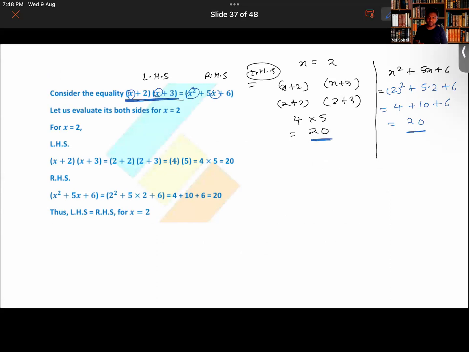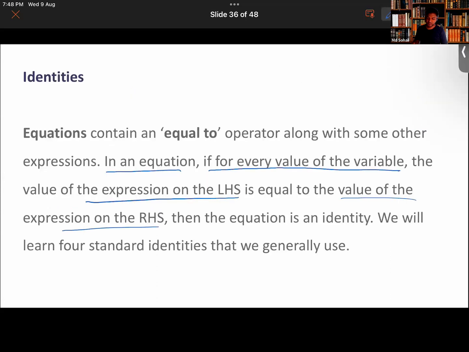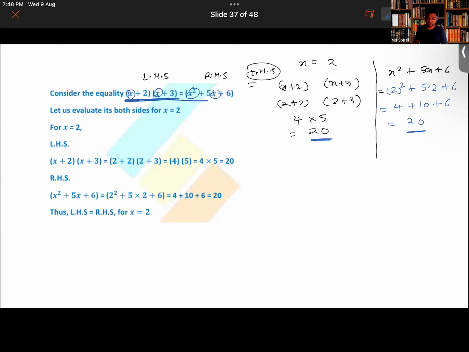Then this equation is called an identity. Getting it, guys? No matter if you were to place x in here, whether 2 or 1 or -1 or 3 or 5, any integer, it will always be an identity.